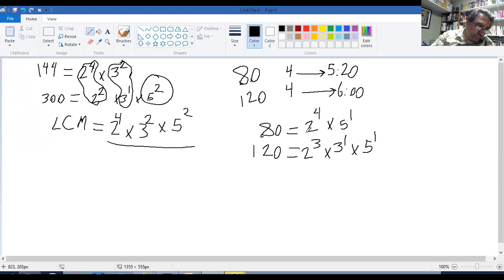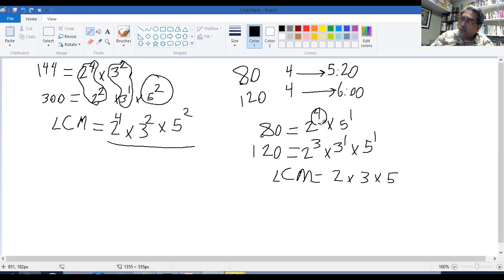Okay. Now we select the prime factor with the greater exponent from each factorization. All the prime factors, so these are 2, 3, and 5. So the LCM would be 2 times 3, because we have 3 here, times 5. And we pick the one with the greatest exponent.